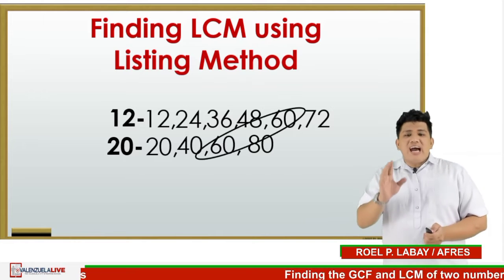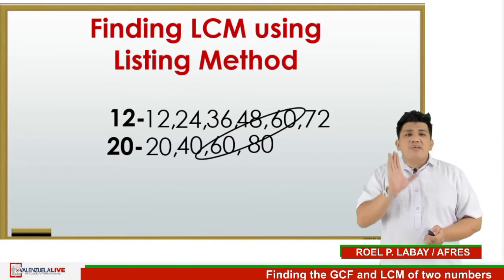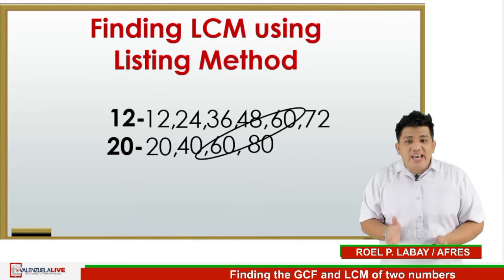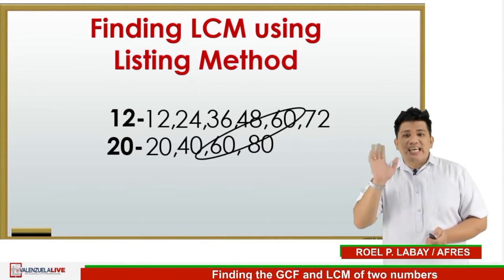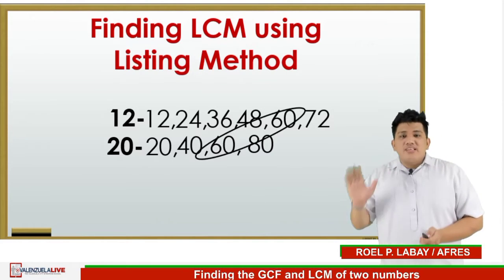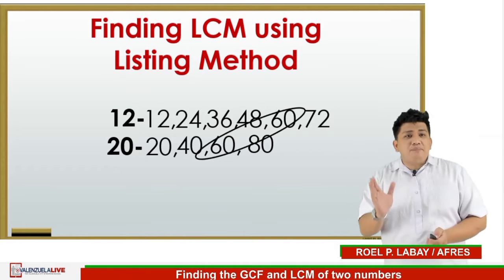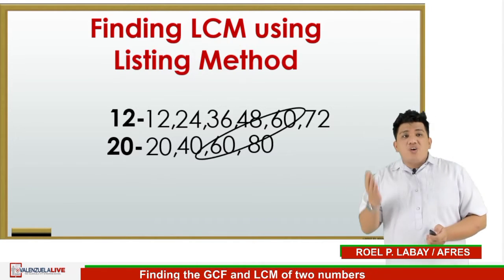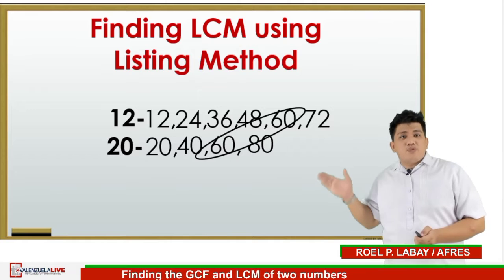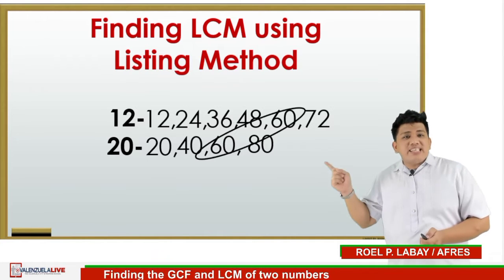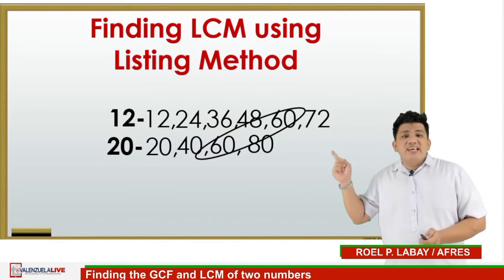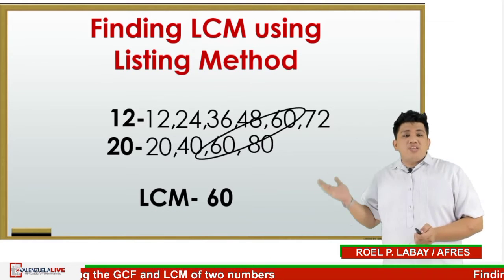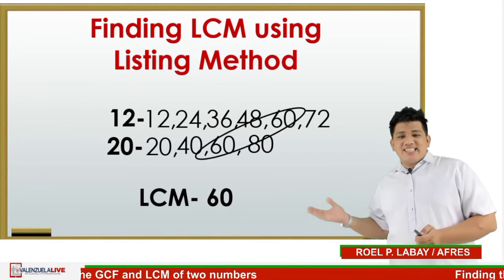Take note that you will not stop listing the multiples of two numbers until you find a common multiple. In the multiples of 12 and 20, the least common multiple is 60. Therefore, the LCM of 12 and 20 is 60.